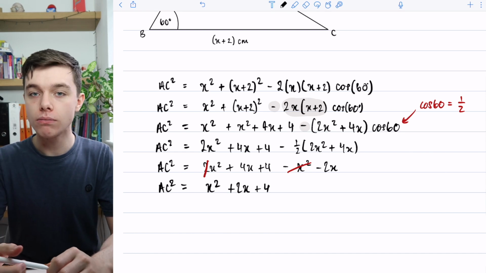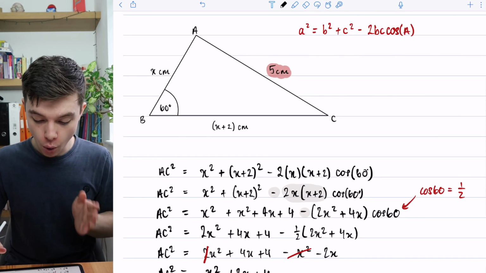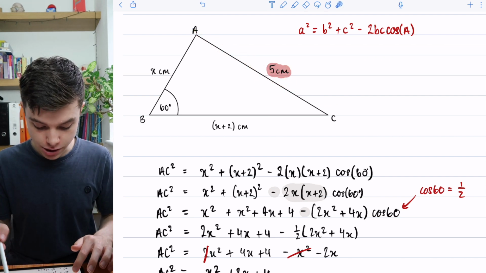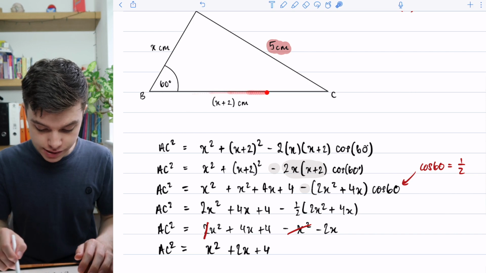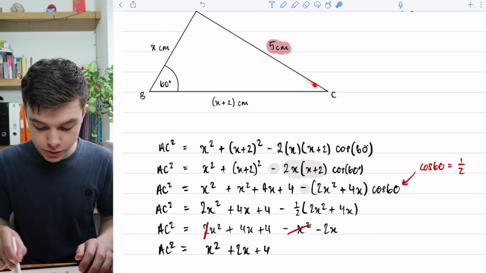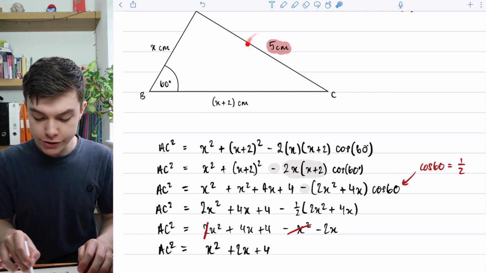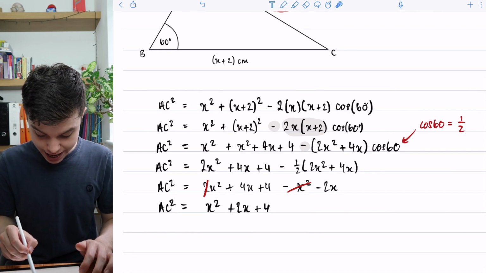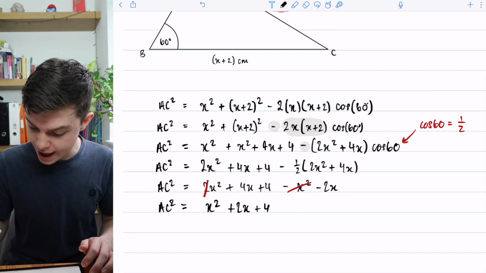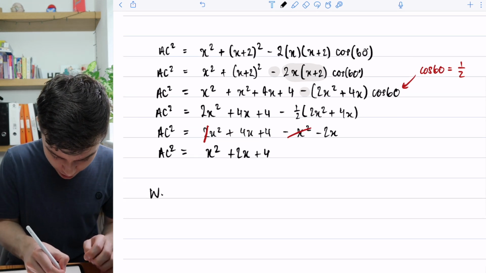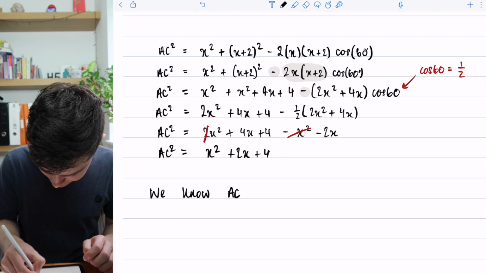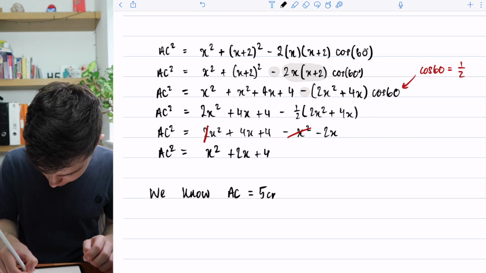Now, we know, if we go back to the triangle, what the length of AC actually is. We just imagine we didn't know it, and we just did the cosine rule to work it out. These two sides and the angle between them will allow us to work out this side. But let's substitute now AC into this formula for the side, if you like, there. So we know that AC is equal to 5 centimetres.